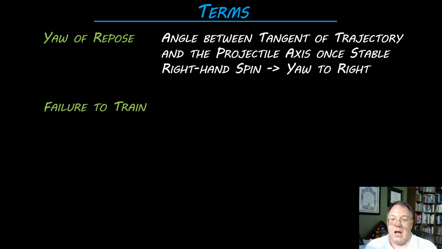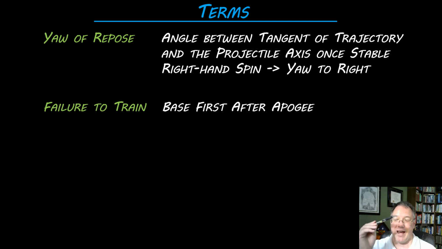Failure to trail. Failure to trail is when we end up flying base first. We want to be going generally nose first down. If we're not doing that, we are failing to trail properly. Which means that if we've gotten all the way to apogee and we're still flying backwards, we've flipped over, we've tumbled, that's a failure to trail.